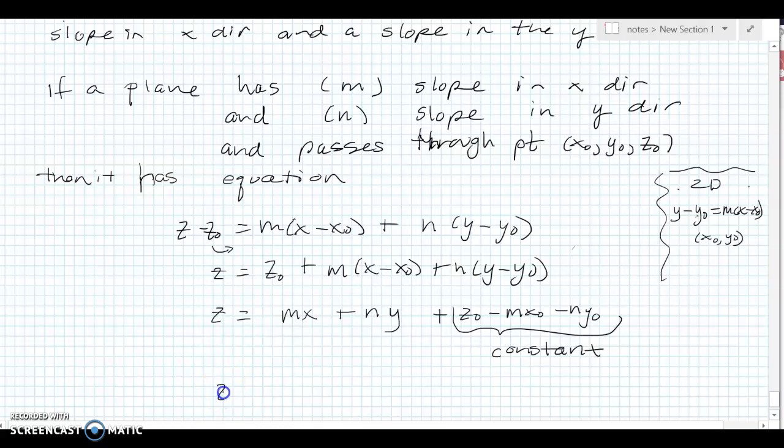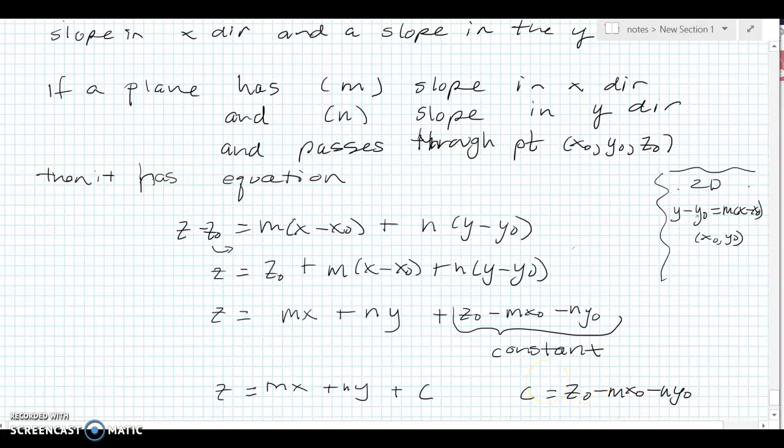So we would get z equals mx plus ny plus c, where c equals z naught minus mx naught minus ny naught.